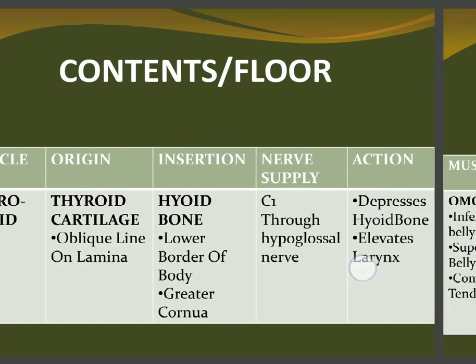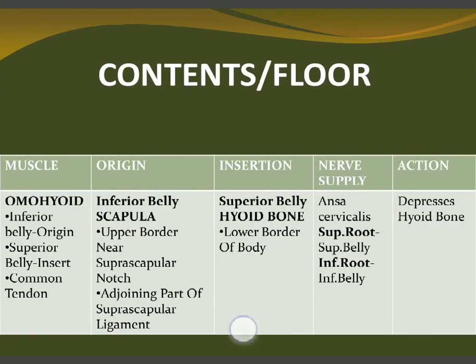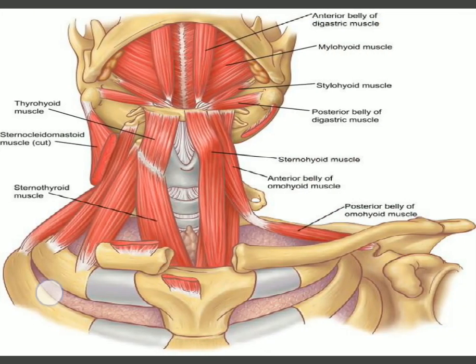Next muscle is the omohyoid muscle. So omohyoid muscle basically consists of two bellies. One is the inferior belly, another is the superior belly. So in this muscle, the origin is with the help of the inferior belly.